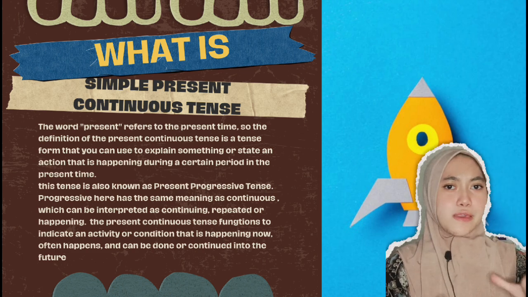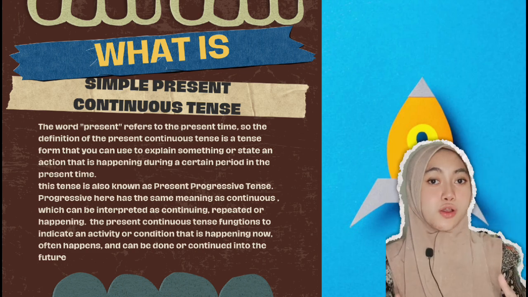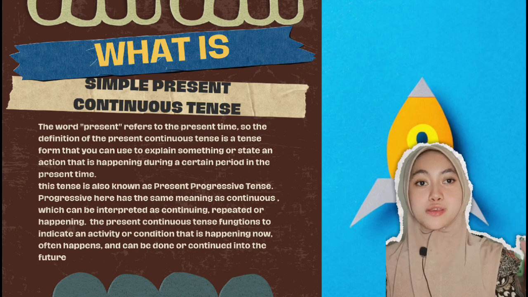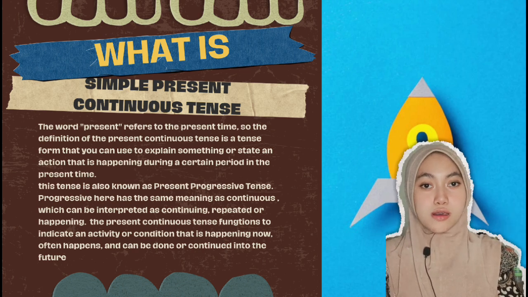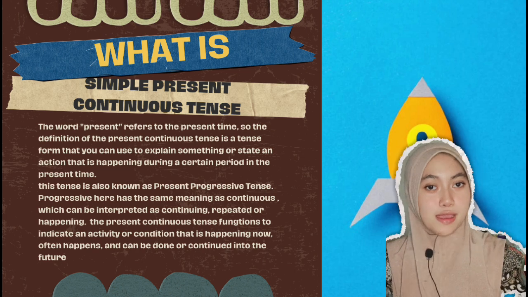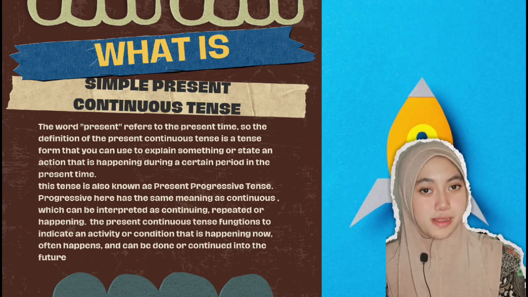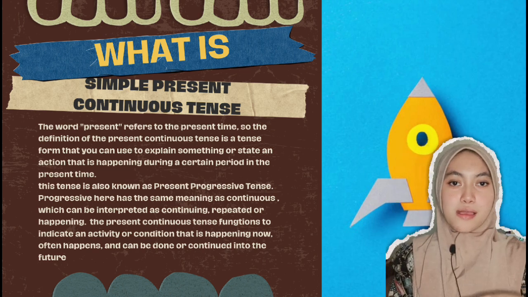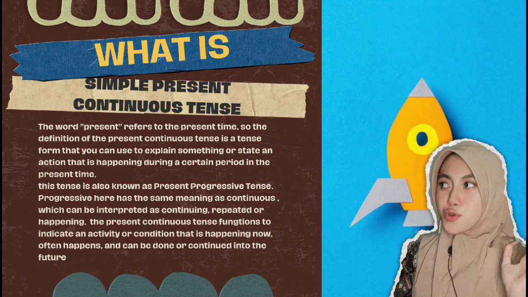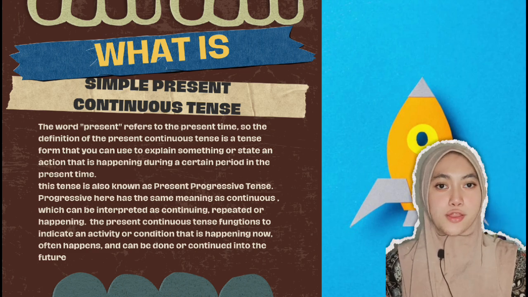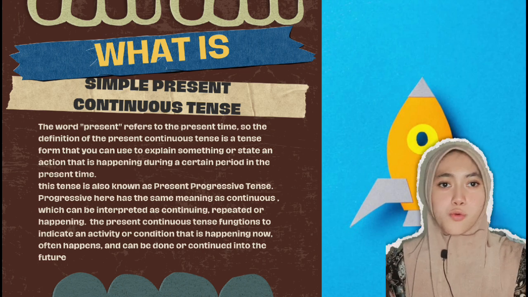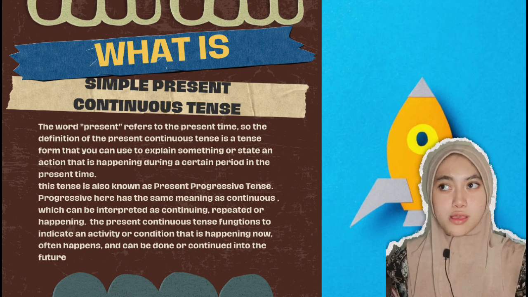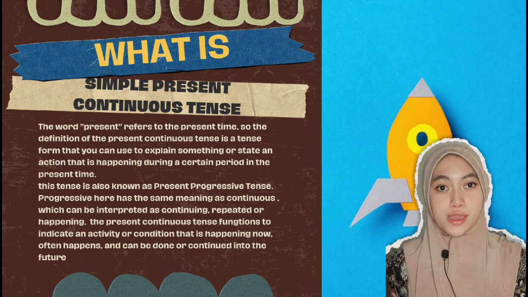Alright, if we see the text, we know that present continuous tense is an activity that we are doing right now or at the moment. Can you imagine when you see your friend and you're wondering what he or she is doing?